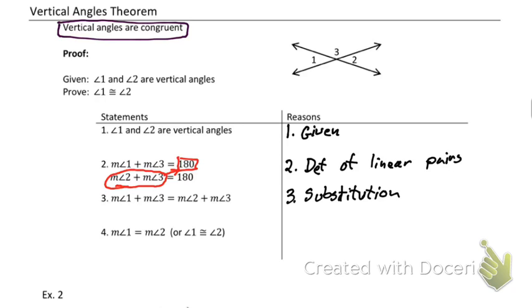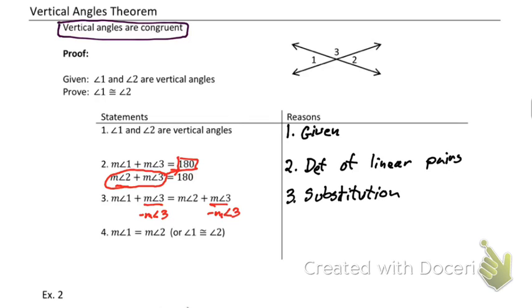All right, our next one, step 4, says we have measure of angle 1 equals measure of angle 2. So let's look at what happened there. Somehow we got rid of these two things. We just have to ask ourselves, how did I get rid of measure of angle 3? Well, I must have subtracted it away on both sides.